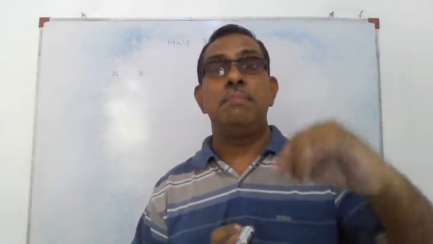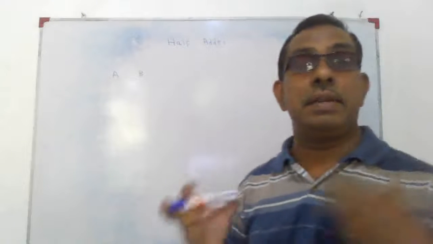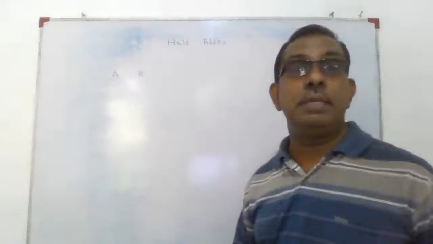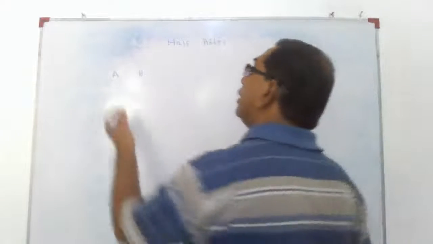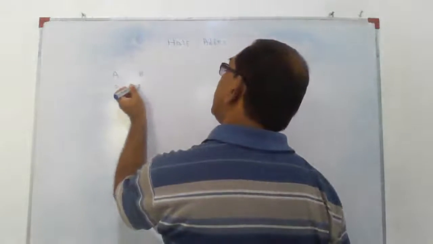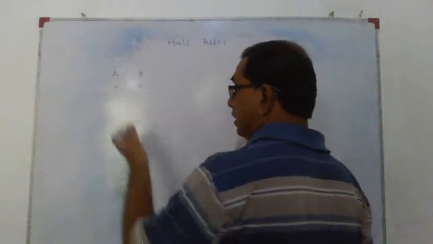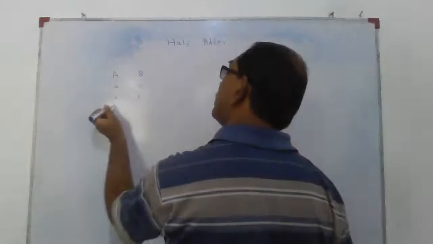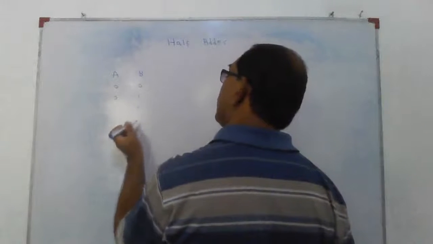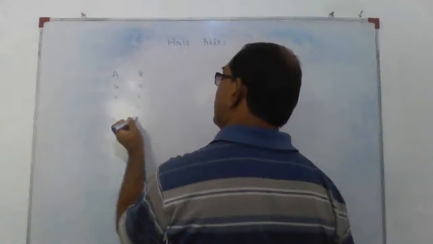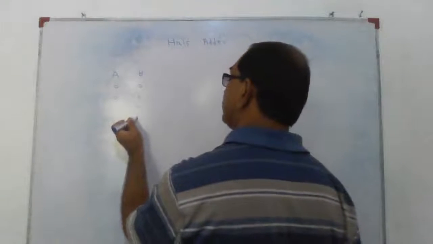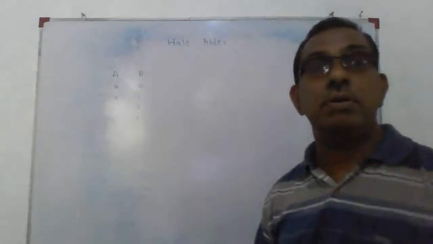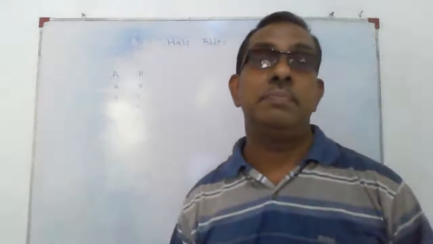This is the simple calculation a computer has ever done. So these 2 bits can be in this status. Both values can be 0, or A is 0 and B is 1, A is 1 and B is 0, or both values can be 1. These are the possibilities of 2 digits.